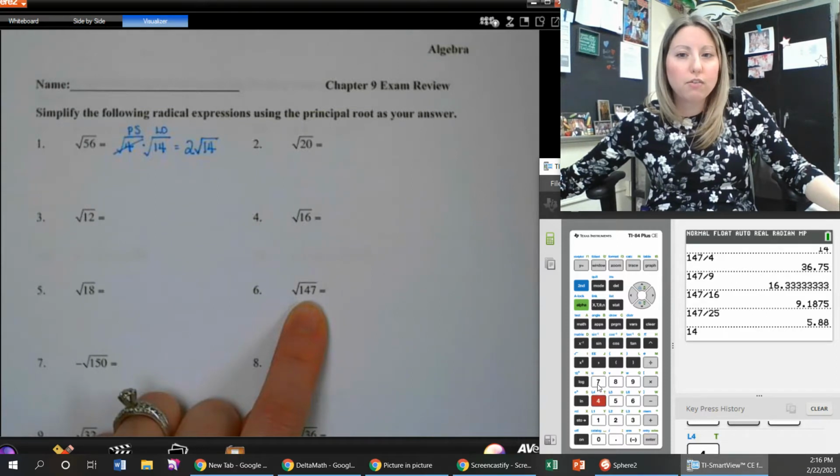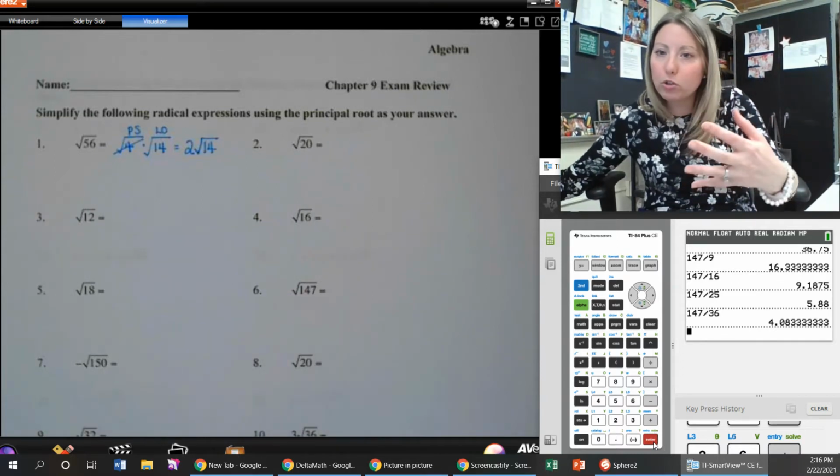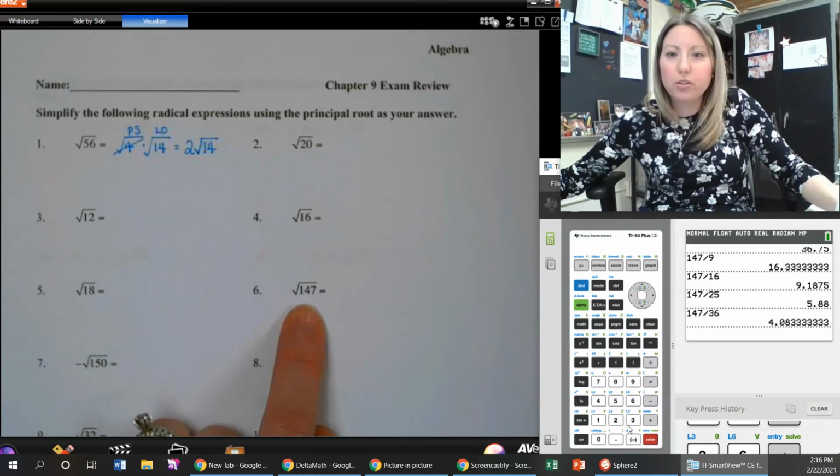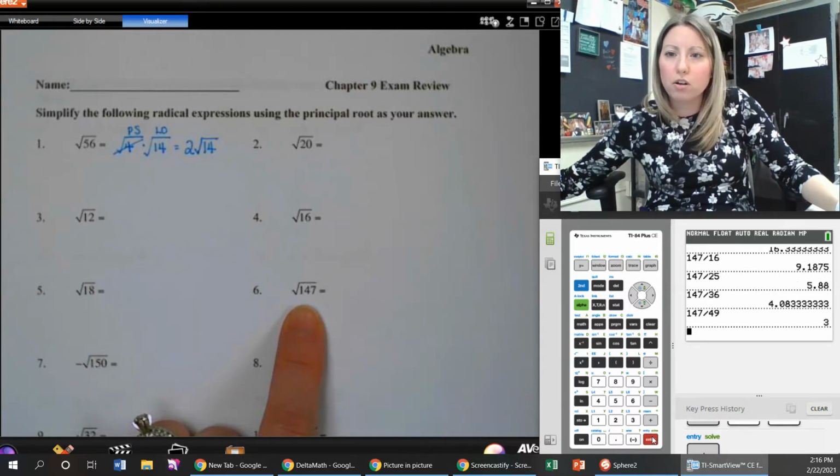Okay, 147 divided by 36. Well, that won't work because it wasn't divisible by 4 or 9. See how I'm figuring this out, what perfect squares to try? So let's get up to this next one, right? I'm exhausting perfect squares pretty quickly here and thinking, is this evenly divisible by a perfect square? So let's try this one. Aha.